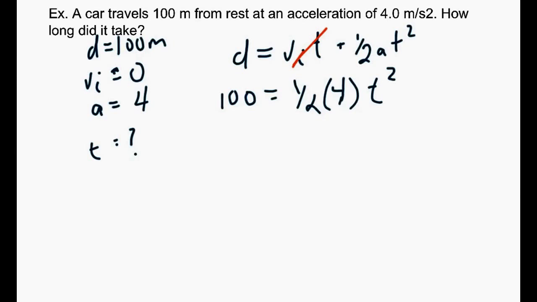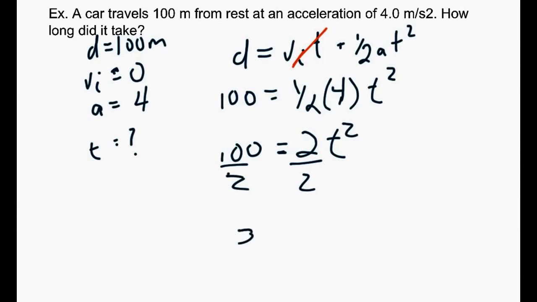If we do the math on that, we have 100 equals 2t squared. Divide by 2 on both sides, so we'd have 50 equals t squared. Our last step is that we just want time, so we square root 50, and we get an answer of 7.07. We're going to round it off to 2 digits, so we'd have 7.1 seconds.